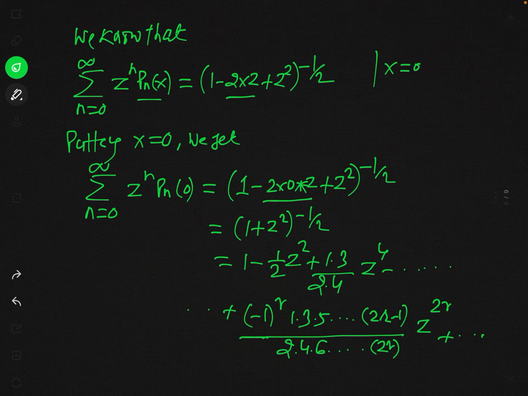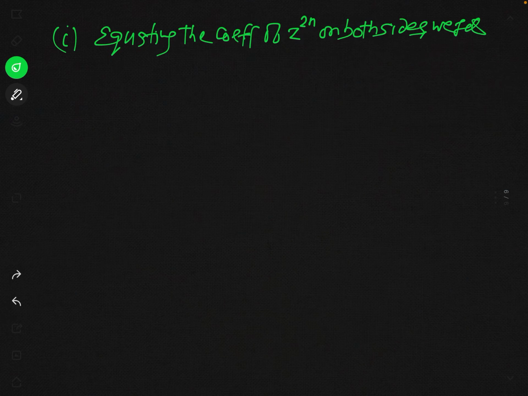When you have to obtain the coefficient of z to the power 2n, put r equal to n, then this will be z to the power 2n, and in the LHS we will also put n equal to 2n. So what will be our result?